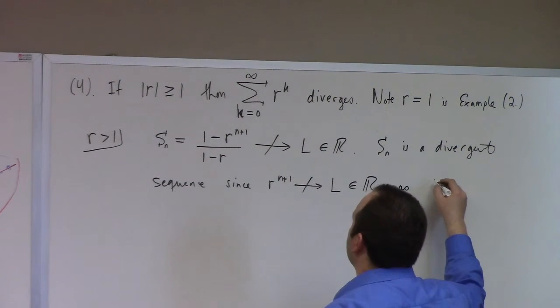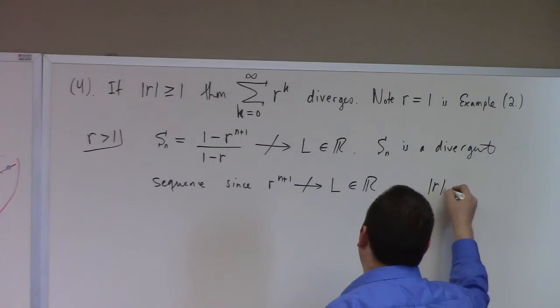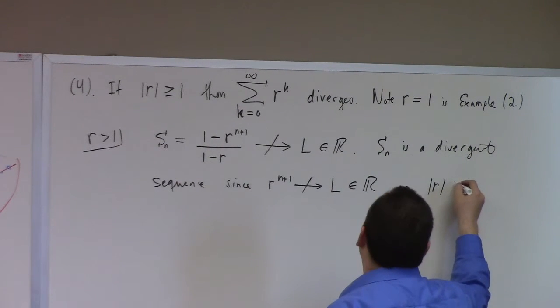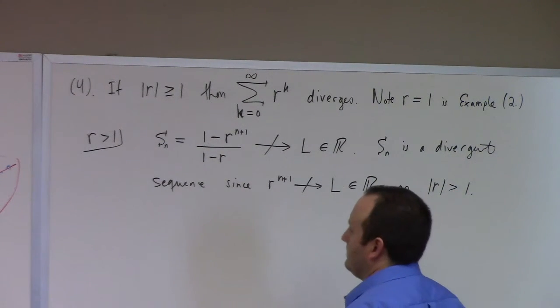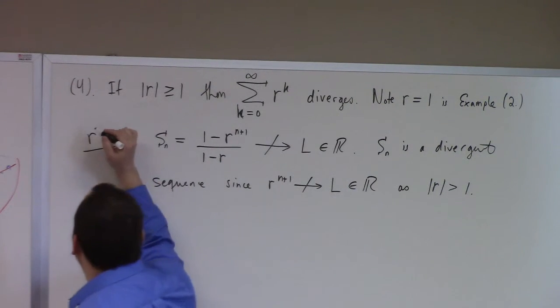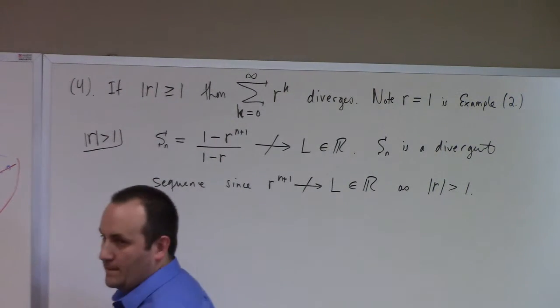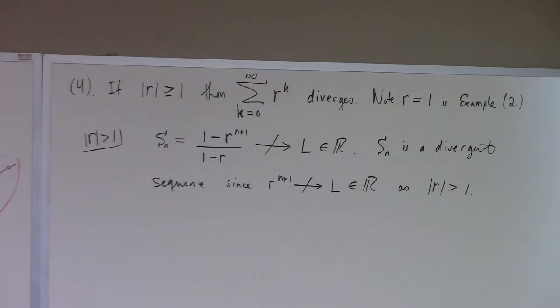as the absolute value of r is greater than 1. I'm sorry, I should say absolute value of r here. I would say it diverges to infinity, except I want to allow the case that r is like minus 2 or something like that.